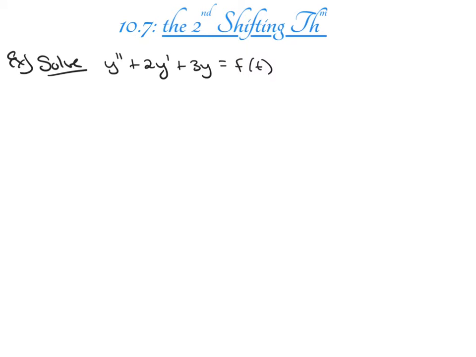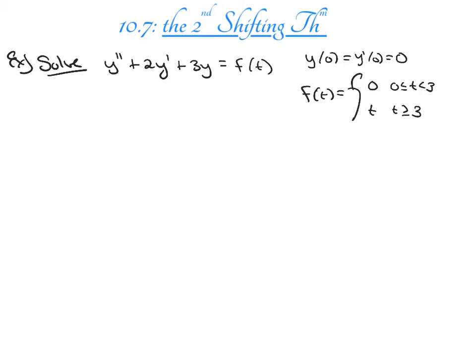To save us a little bit of time, I need to tell you that y of 0 and y prime of 0 are 0. And f of t is given by the piecewise function 0 when t is between 0 and 3, and t when t is greater than or equal to 3.